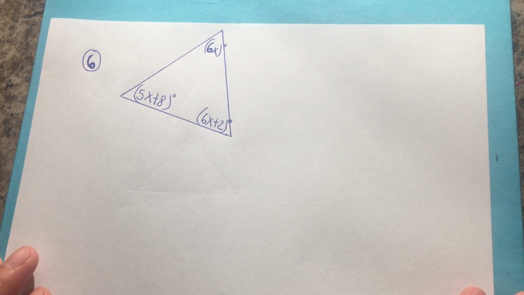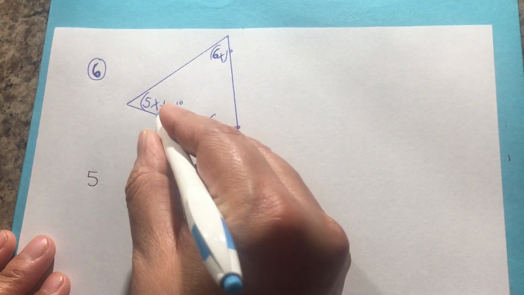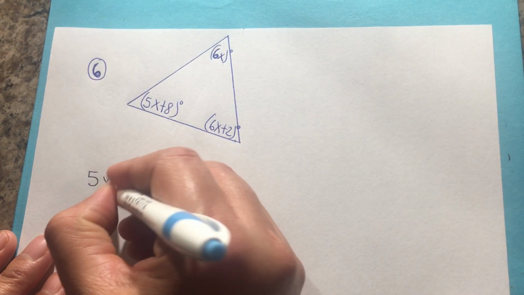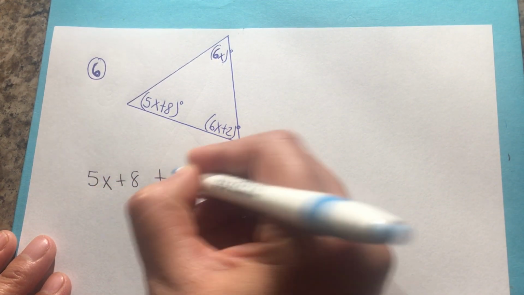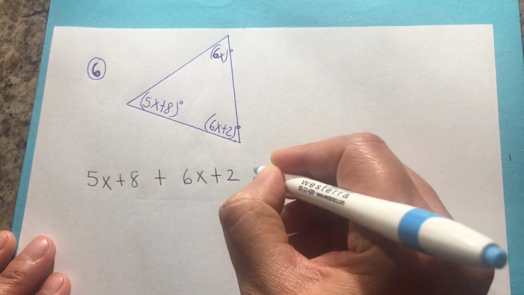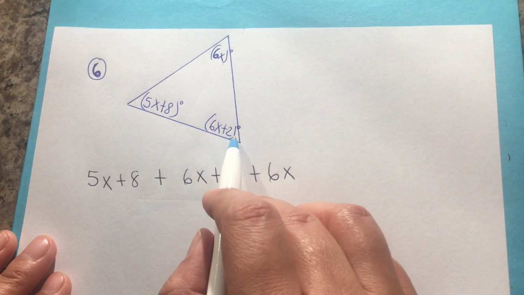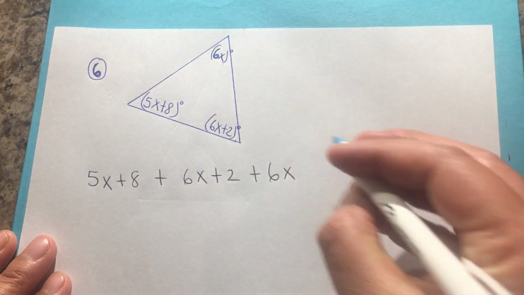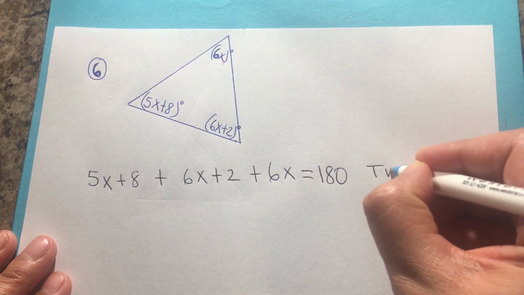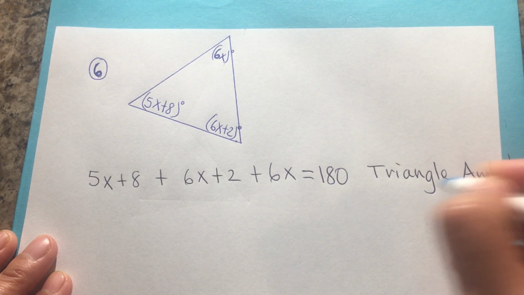In here we have all expressions, and so again, when we add all the angles in a triangle, that is going to be equal to 180 degrees. Okay, so 5x plus 8 plus 6x plus 2 plus 6x is equal to 180 degrees, and the reason is because of the triangle angle sum theorem.